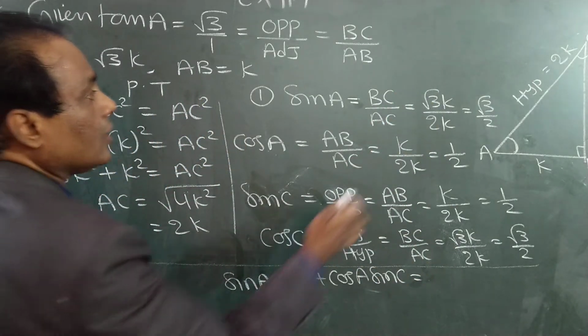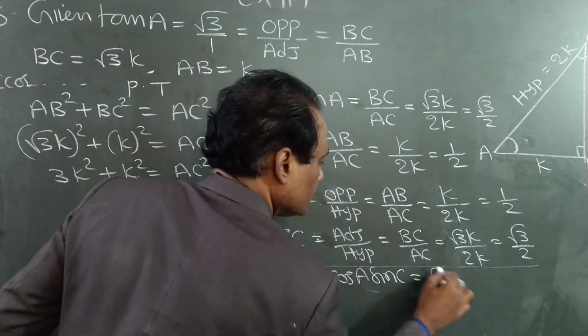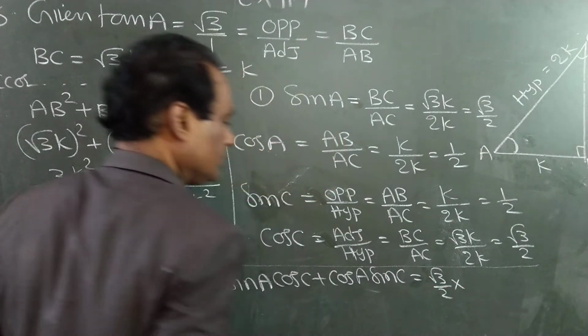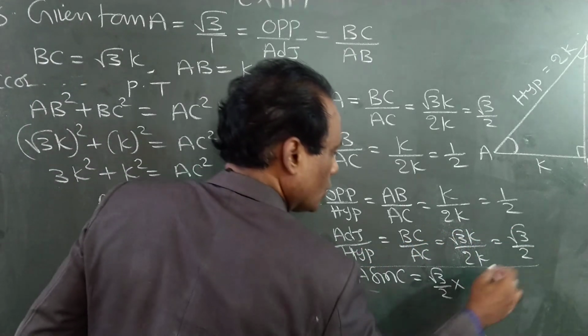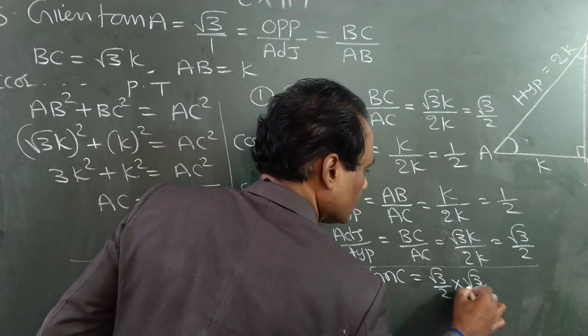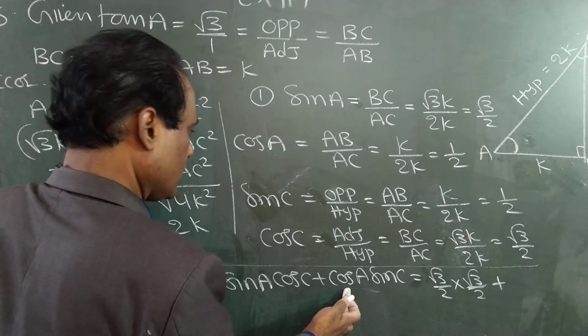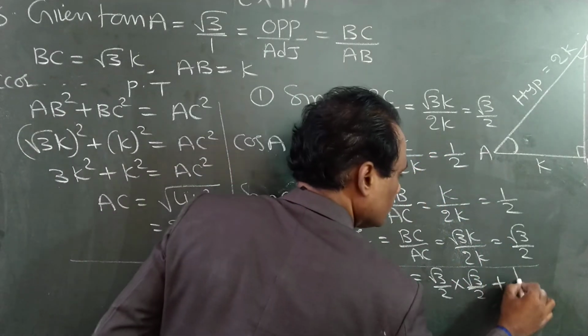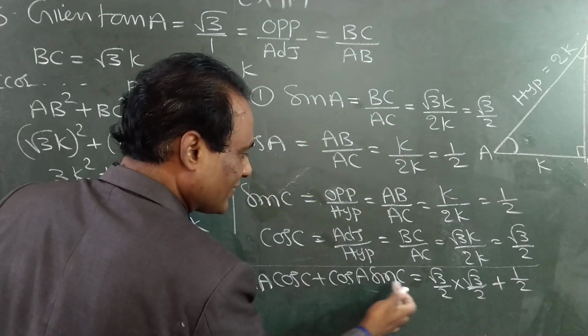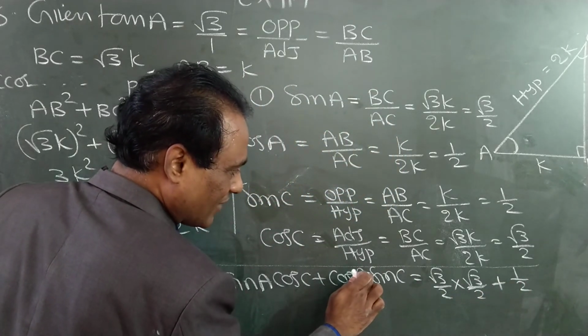Sin A value is root 3 by 2. Cos C value is root 3 by 2. See here, cos A value is 1 by 2. Sin A cos C, what is the relation between them?